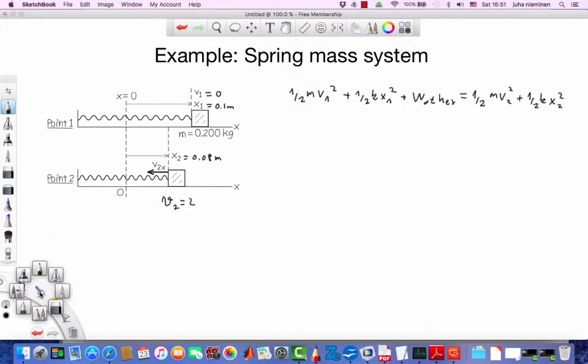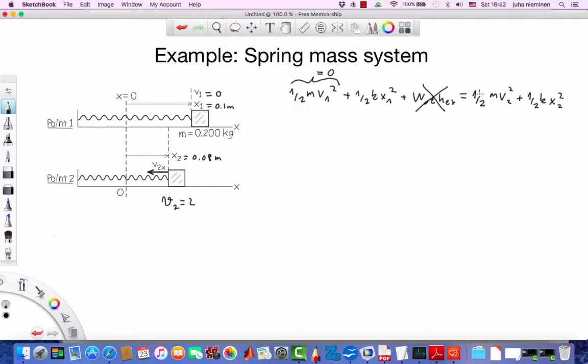So in this case, there's no friction, for example, so we can neglect that one. And initial velocity is 0 to begin with, so that term is 0. So we are solving for the v2 only in this case.